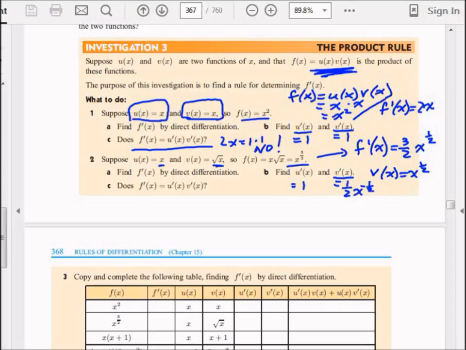Again, does the derivative of f equal the derivative of u multiplied by the derivative of v? No, it does not. So here we're asking, does 3/2 x to the power of 1/2 equal 1 times 1/2 x to the power of negative 1/2? Absolutely not, no.